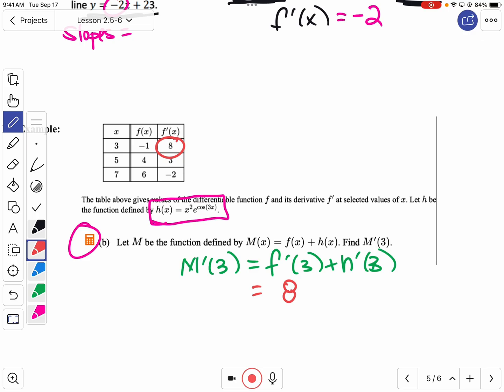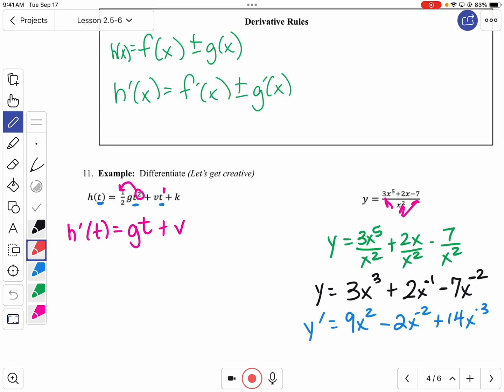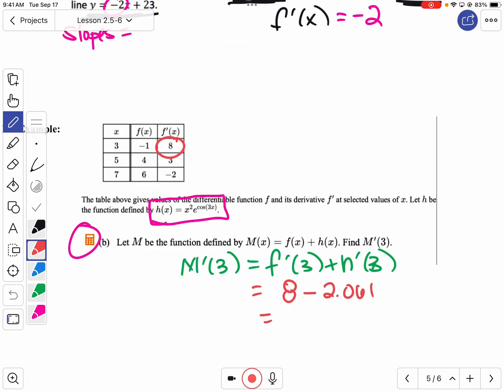Did you get something weird like negative 2.061? Second ln. Okay, and I got 5.93. Ooh, I'm too far. Did I do it right?